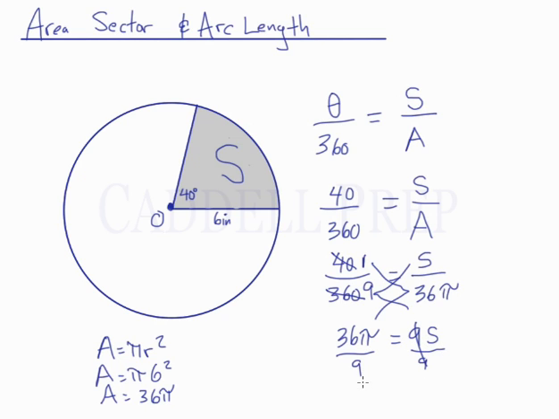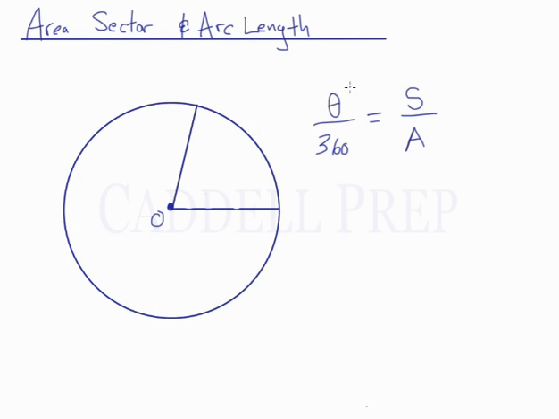And we end up with 4 pi. So the area of that section S is 4 pi. Okay, so with this formula, we can find the area of a sector if we're given the inscribed angle theta, and we could find the area of the entire circle.